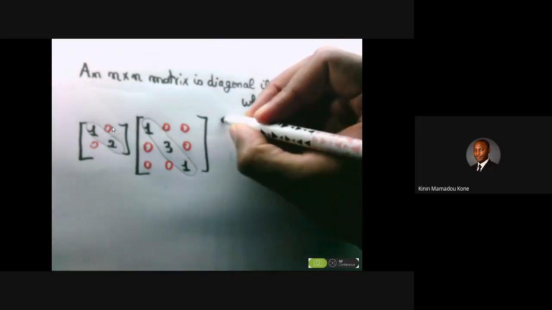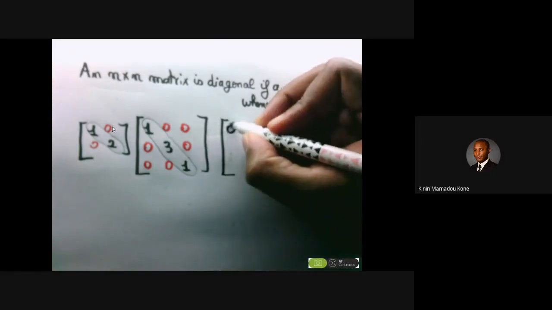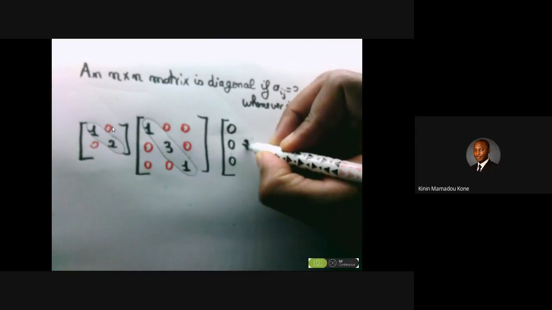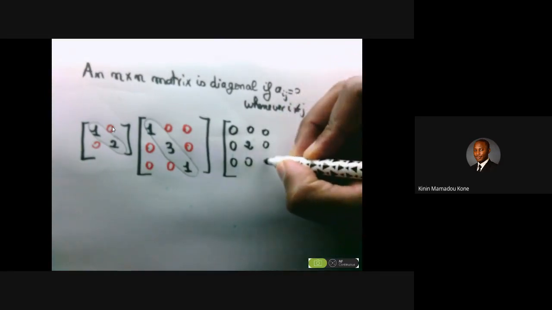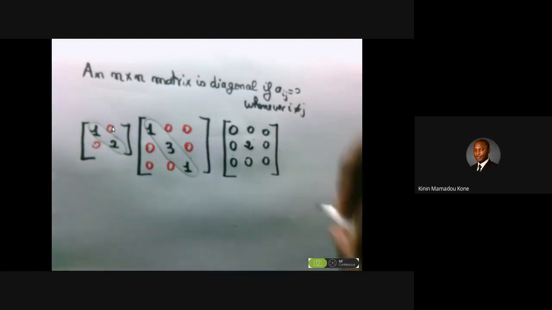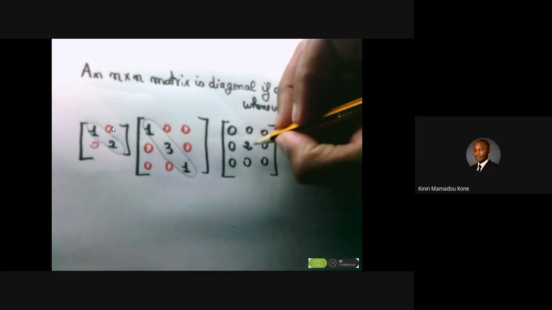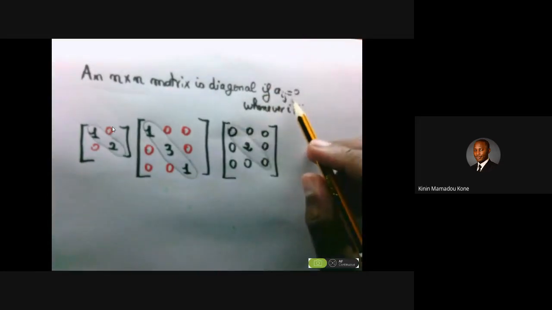Another one, you have like 0, 0, 0, 2, 0, 0, 0, 0, 0. It's still a diagonal matrix because this rule is not violated.